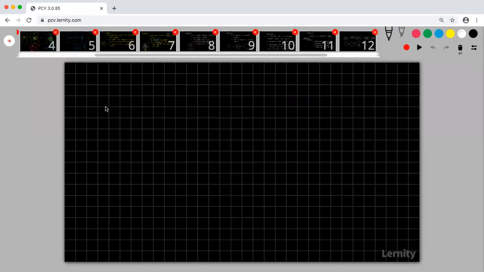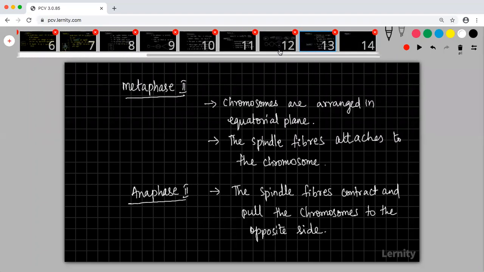And then the telophase 2. Which slide, ma? Who's asking? Martin, which slide?